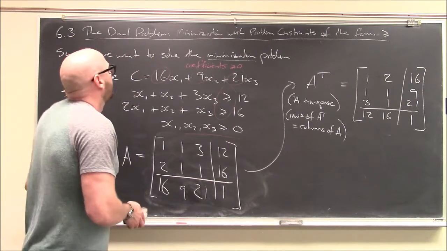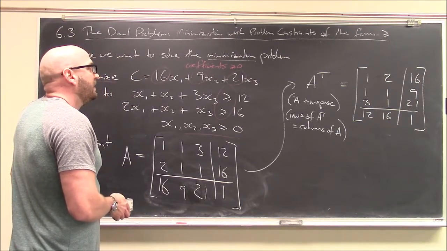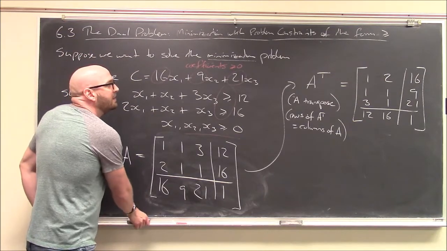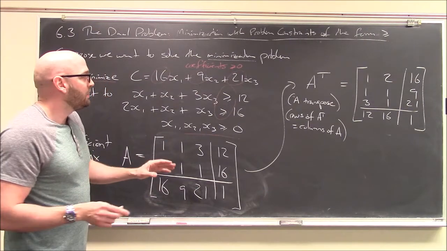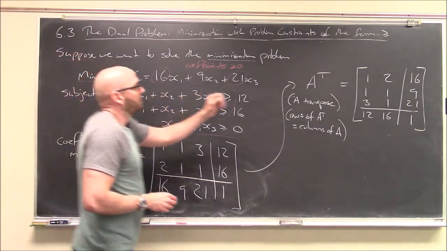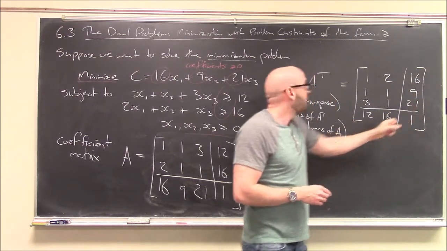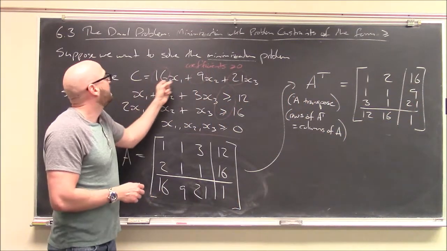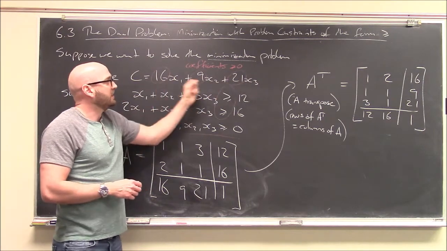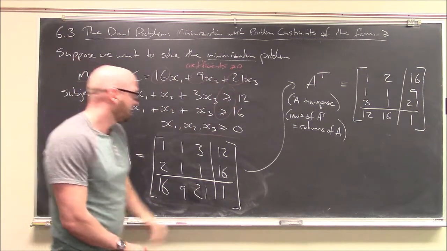I'm going to point out one thing really quickly because I'm going to have to erase it. But notice that the constants here that I have, 16, 9, and 21, that's the coefficients in this original objective function.